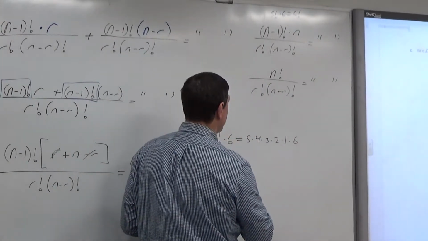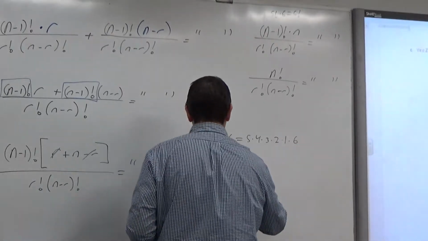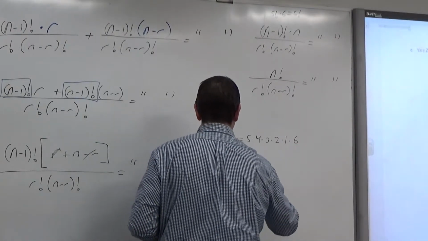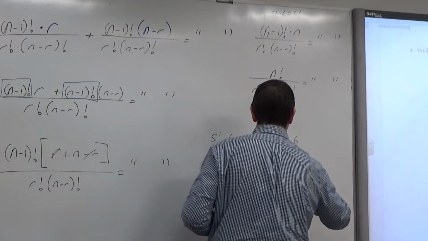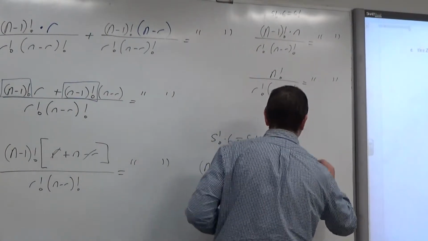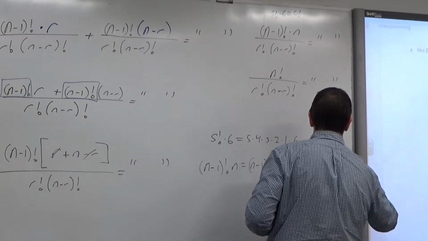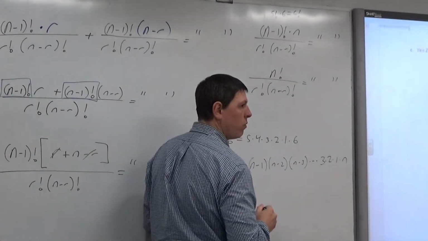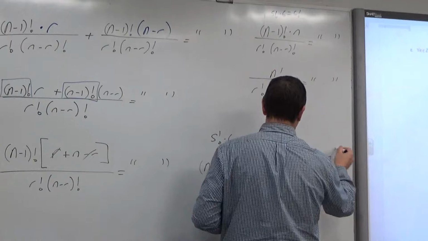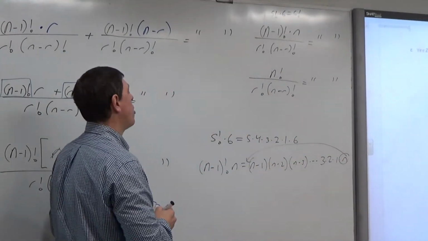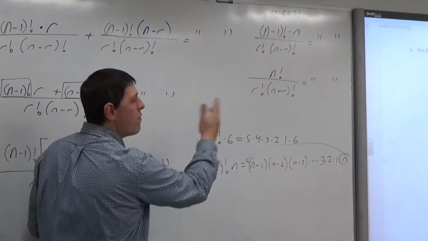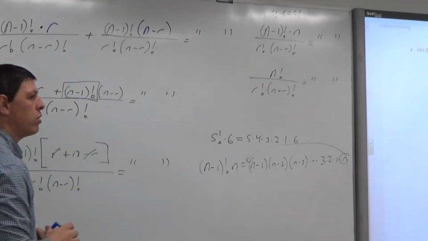So if I had n minus 1 factorial times n, that's equal to n minus 1, n minus 2, n minus 3, down to 3, 2, 1, times n. That's just by definition what a factorial is. I can move that n in front, and I get n factorial out of that. Does that make sense, Andre?